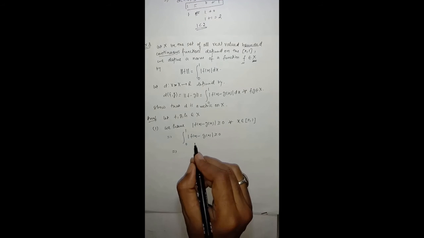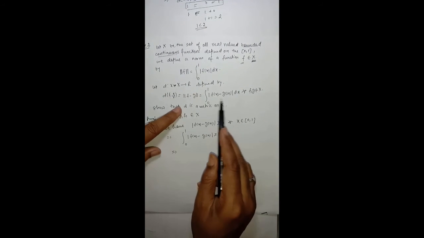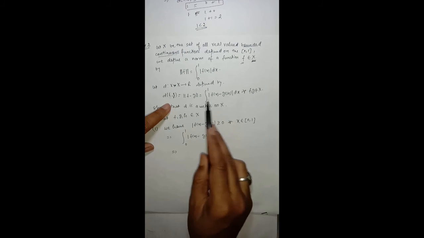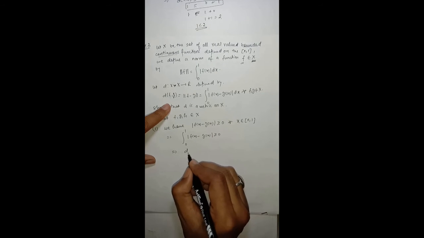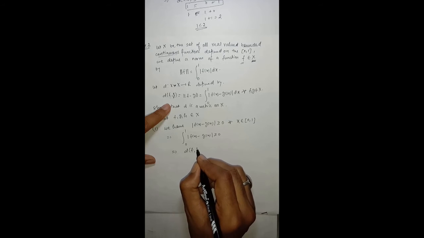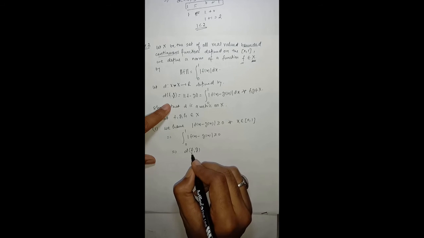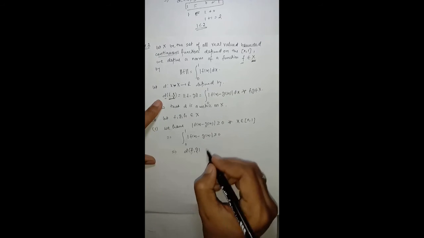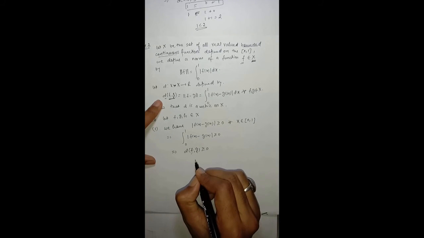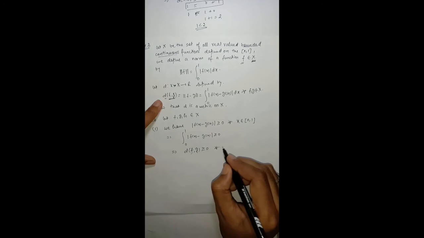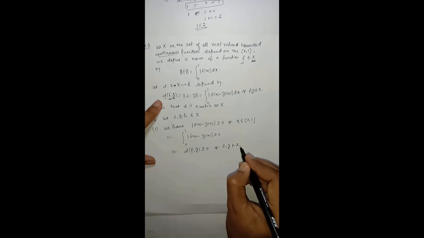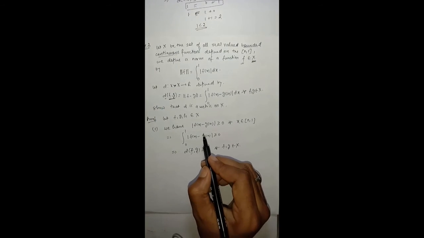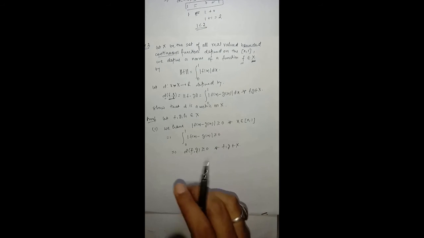This implies, by the definition of d, that d(f, g) is greater than or equal to 0 for all f and g belonging to X. So the first property or axiom holds.